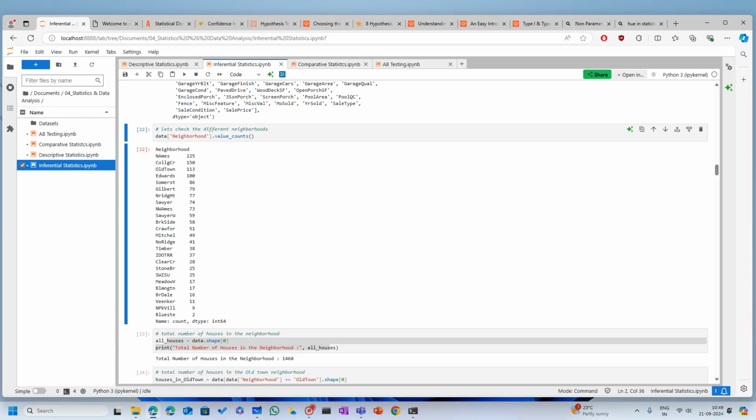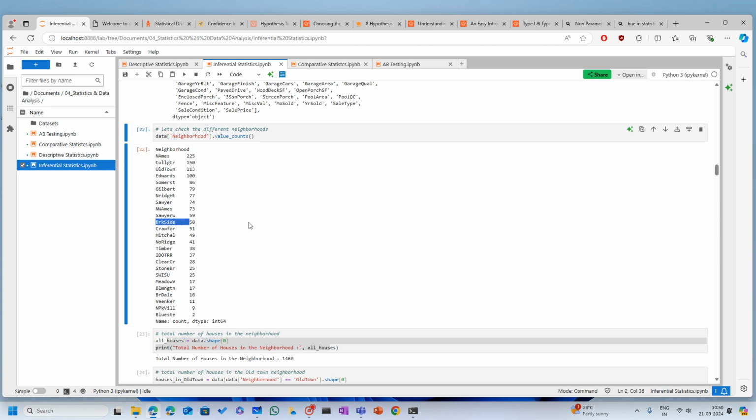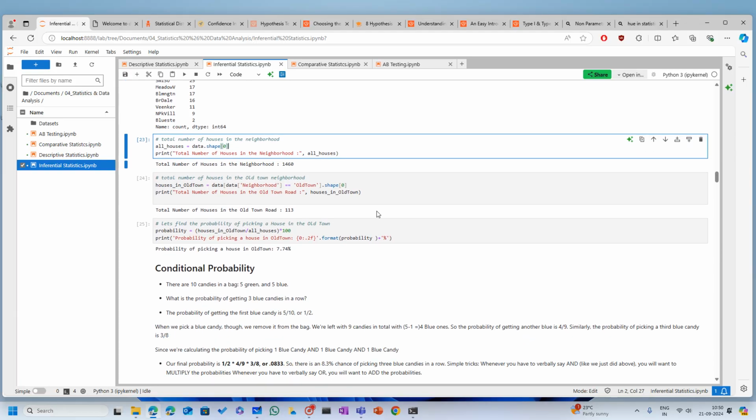In Boston they have areas like Crawford, Brookside, Sawyer, and so on. Old Town is one of them. So what is the probability of someone choosing a house in Old Town versus all others is what we are trying to calculate.